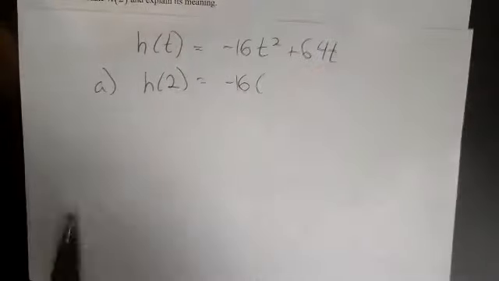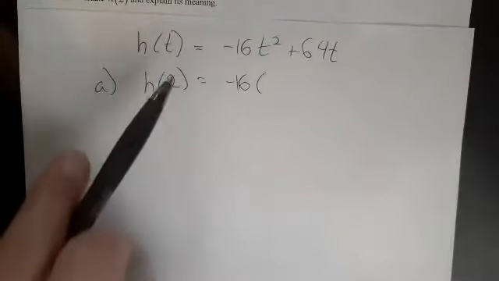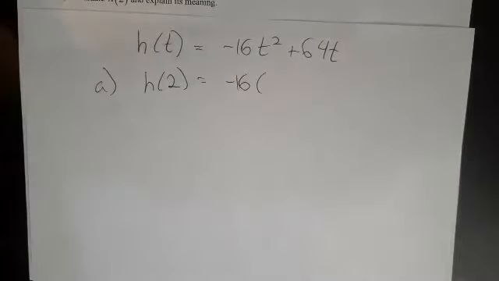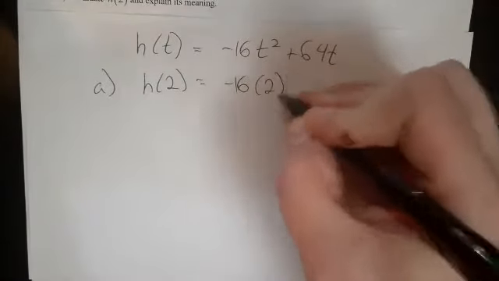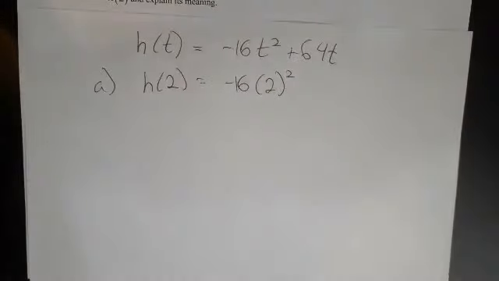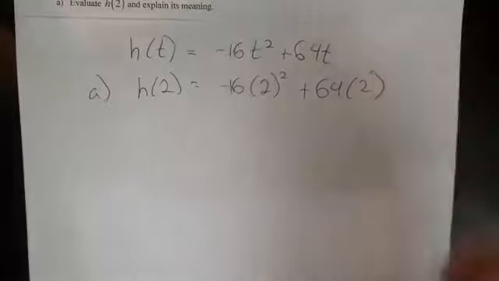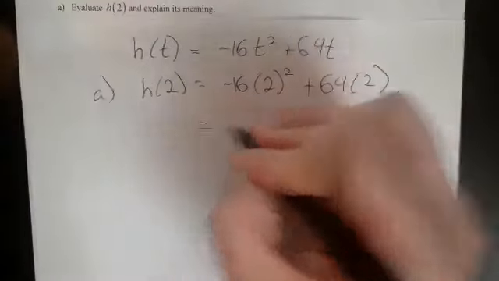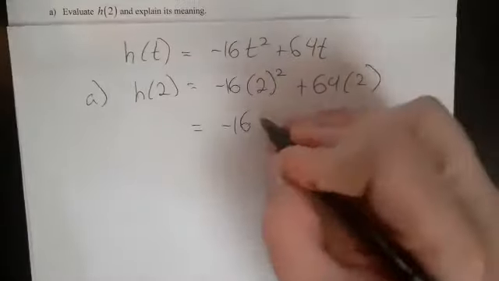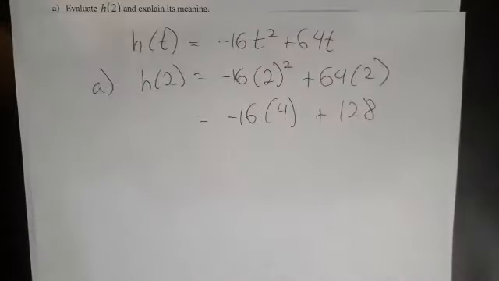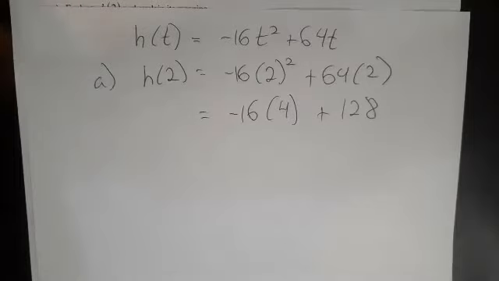This is my function. Everywhere there's a t, we're going to plug in a 2. So this is going to take the spot of t. We're going to plug in 2 here, and 2 here.